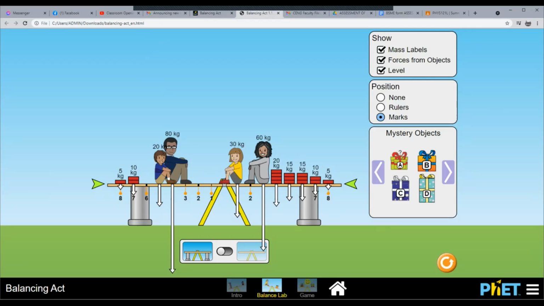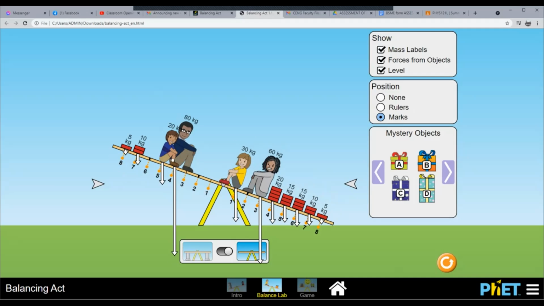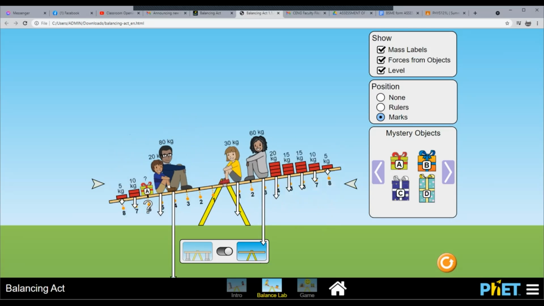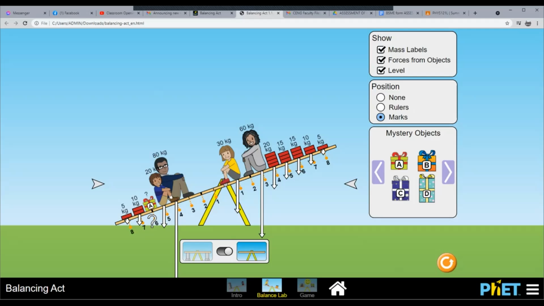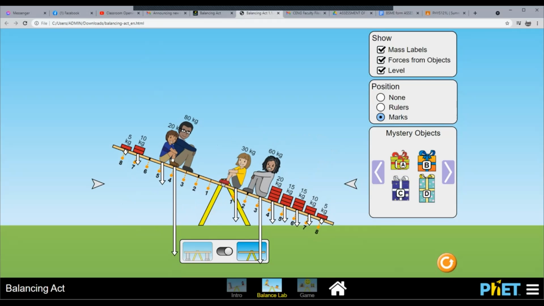If we add here, okay, let's go back to the fulcrum. Let me see. If we add here this mystery object, okay. Question is, what might be the load of this mystery object? In your analysis, let's go back to this condition.